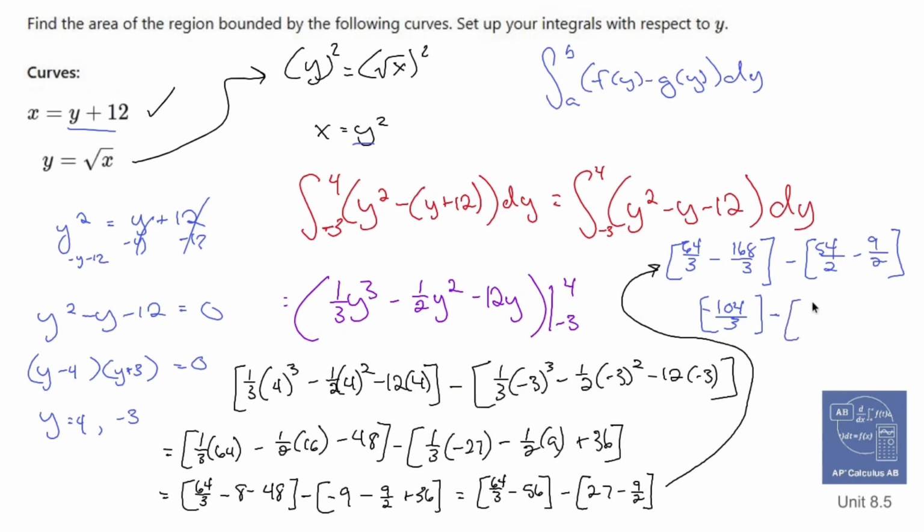Minus 45 halves. All right. So let's make this over 6, and then we're almost home. If I multiply the top and the bottom by 2, I get negative 208 over 6. Minus, if I multiply the top and the bottom by 3, 135 over 6.